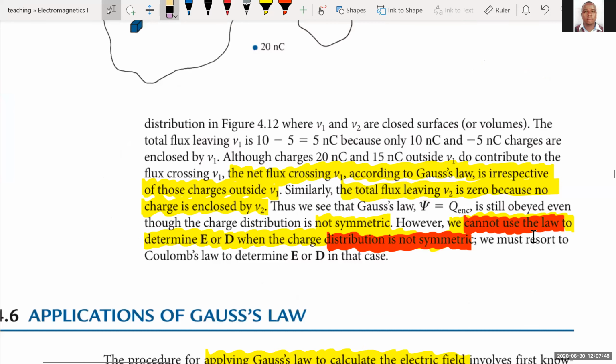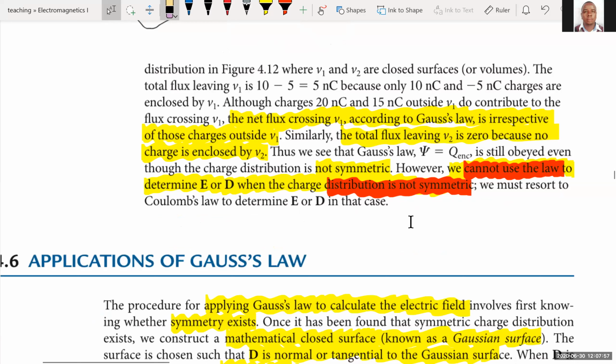So we have said that we cannot use Gauss law to calculate E or D if the charge distribution is not symmetric.